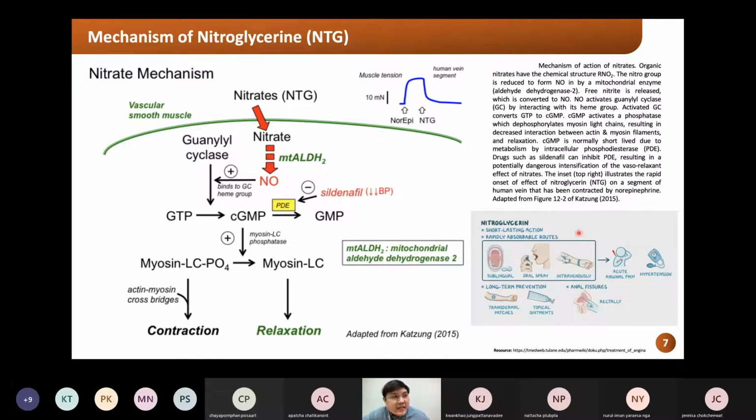Normally NTG is given sublingually, as an oral spray, or intravenously in case the patient has acute angina or angina pectoris, like I mentioned before, or in a patient who has persistent hypertension that is not reduced by any other drug. For long-term prevention, NTG may be used as a transdermal patch.